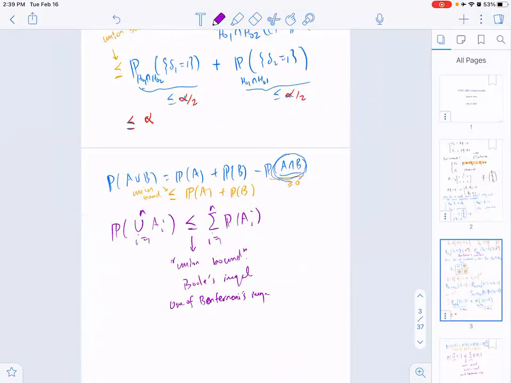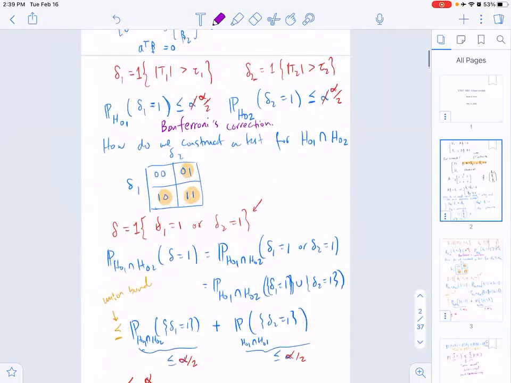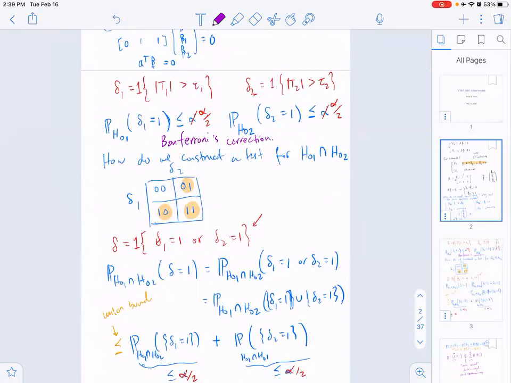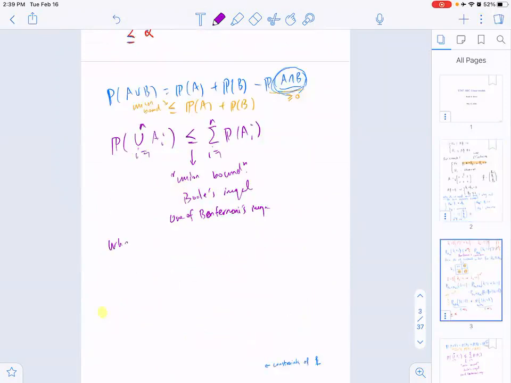Usually it's called the union bound. So how do we deal with the case where you have more than 2? Suppose I'm testing not n, let's say m multiple hypotheses. This is called the multiple hypothesis problem.